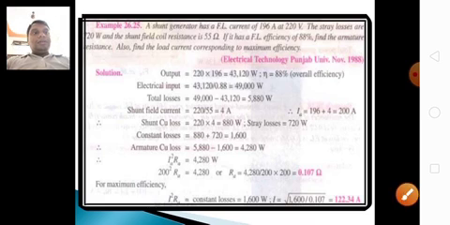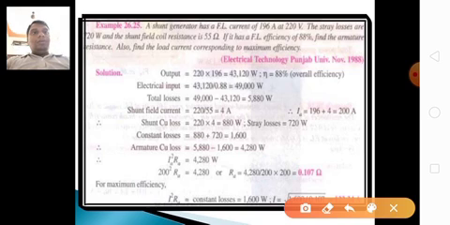So first, output is equal to V into IL. V is given, 220, into IL, which is 196. So we have the output power. Efficiency is given already, 88%, so from this we have to find the value of input. Efficiency is equal to output by input, so input is equal to output by efficiency.